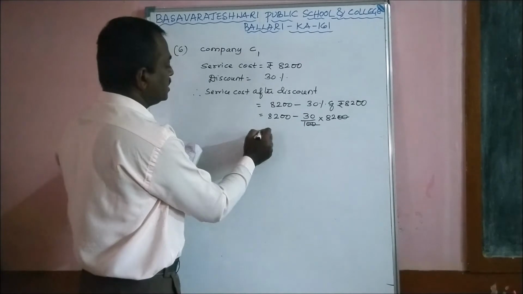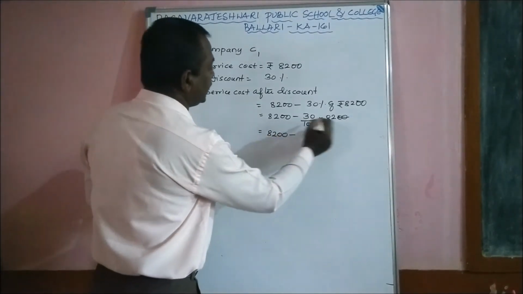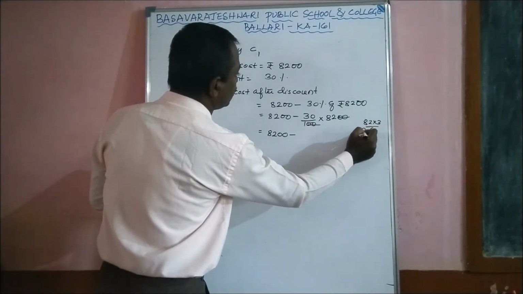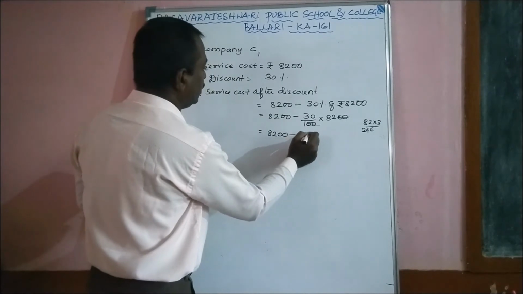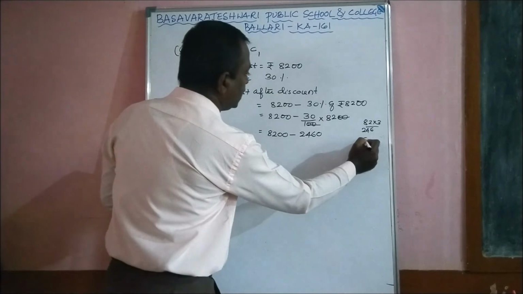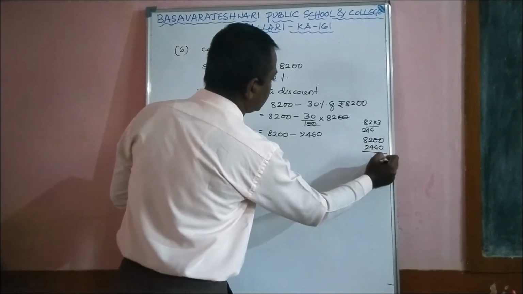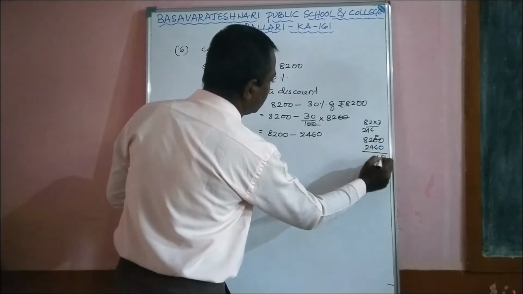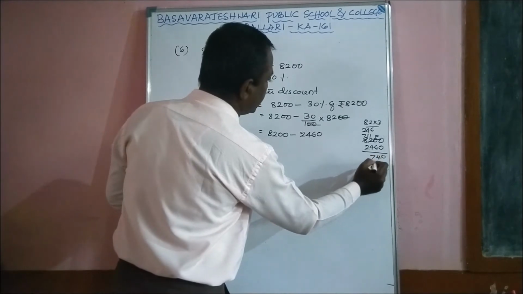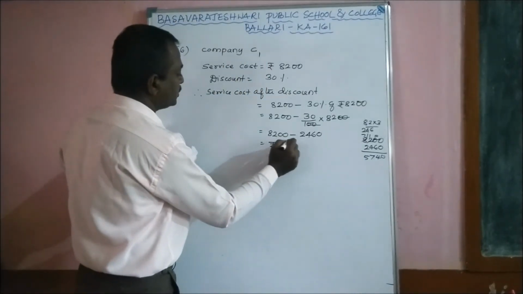Two zeros cancel. 8,200 minus 82 into 3. 82 into 3 is 246, that means 2,460. You have to subtract 2,460 from 8,200, which gives 5,740 rupees.